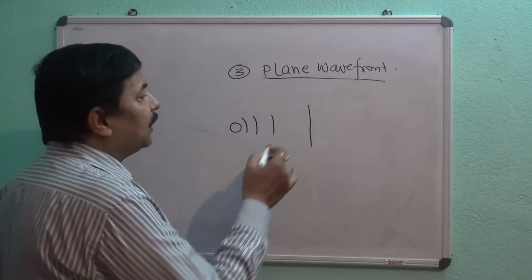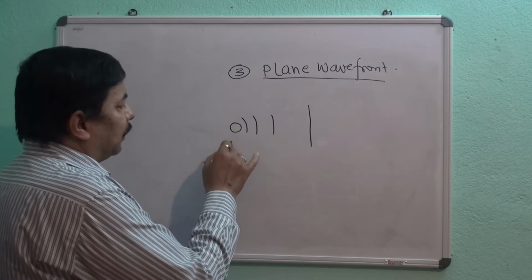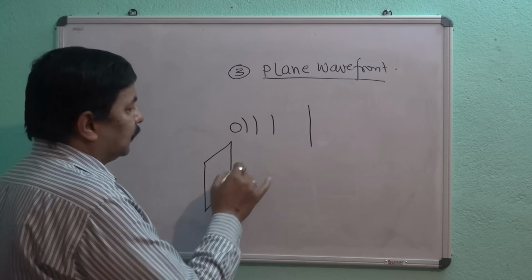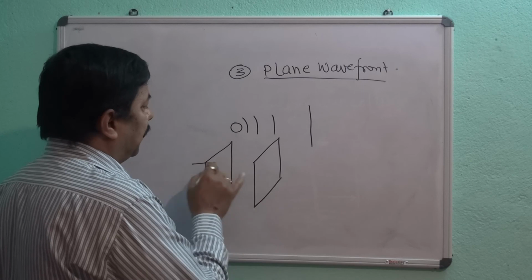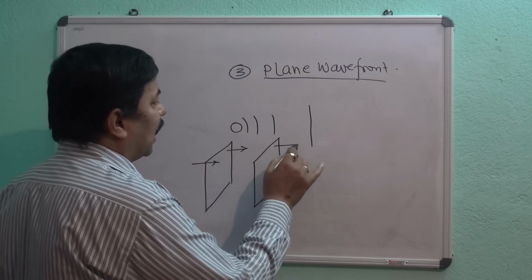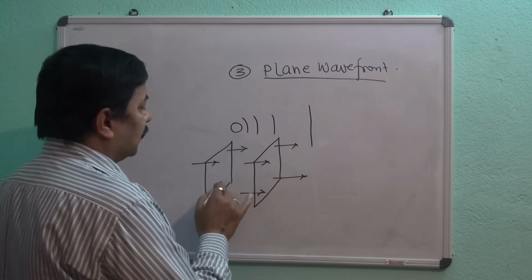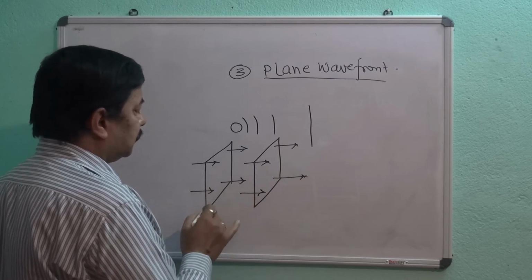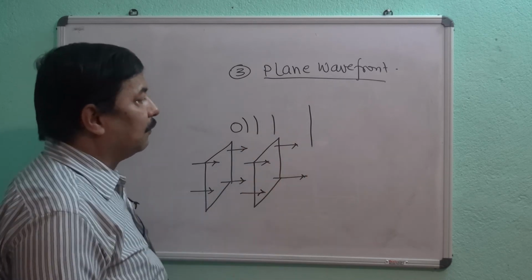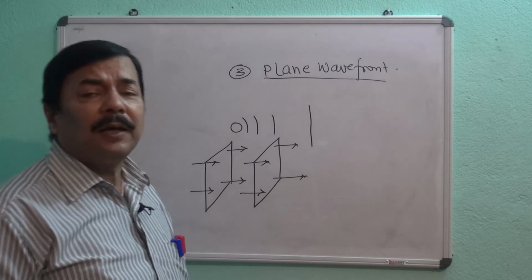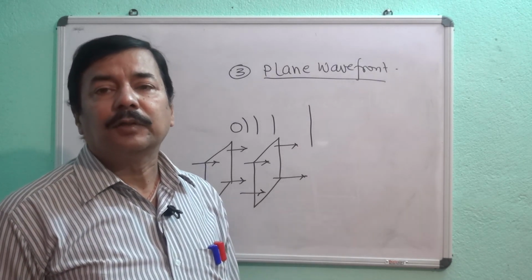When it becomes nearly plane, it is represented this way. This represents your plane wavefront, and the arrow represents the direction of the ray. So a plane wavefront is only a part of a spherical or cylindrical wavefront when the source is at a very large distance.